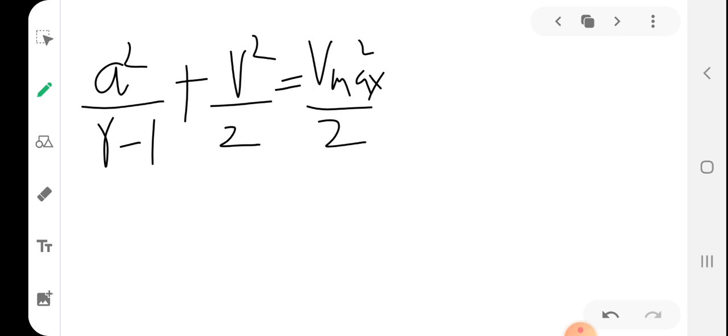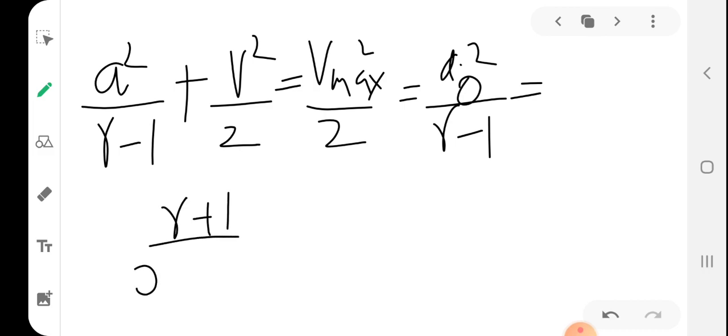So V max square by 2 is also equal to a0 square by gamma minus 1, where a0 is the velocity of sound in the stagnation state.